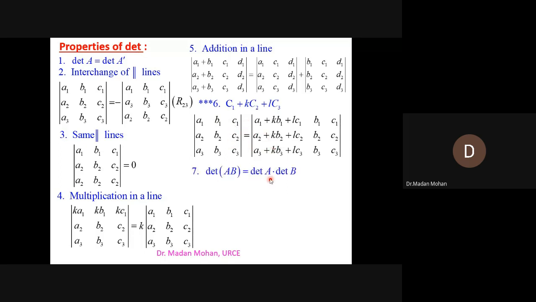Det AB equals det A into det B. Means the determinant of a product of matrices is the product of determinants. Please observe, in words, the determinant of a product of matrices is the same as the product of determinants in the given order.